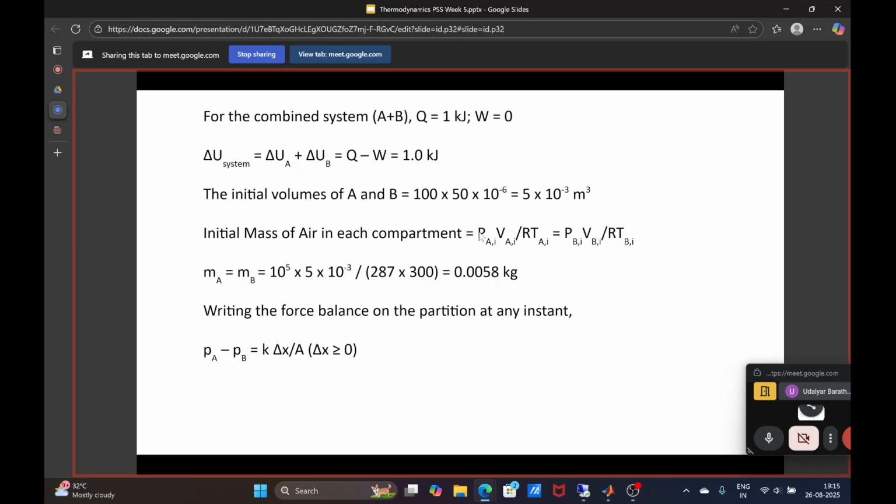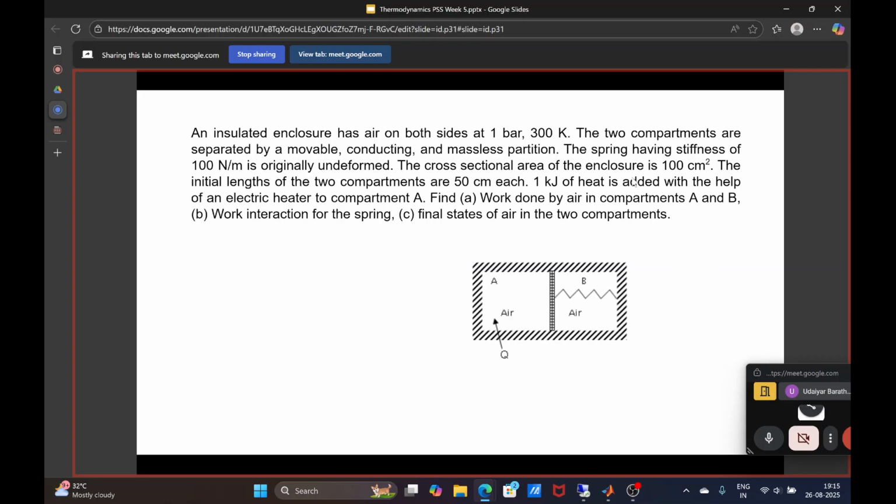First, if we apply the first law for the whole process, the whole system, the container with both compartments, there is no work transfer out of the system, so W is 0. Only work interaction is between these two compartments. There is no net work coming out because it's a rigid, insulated enclosure.